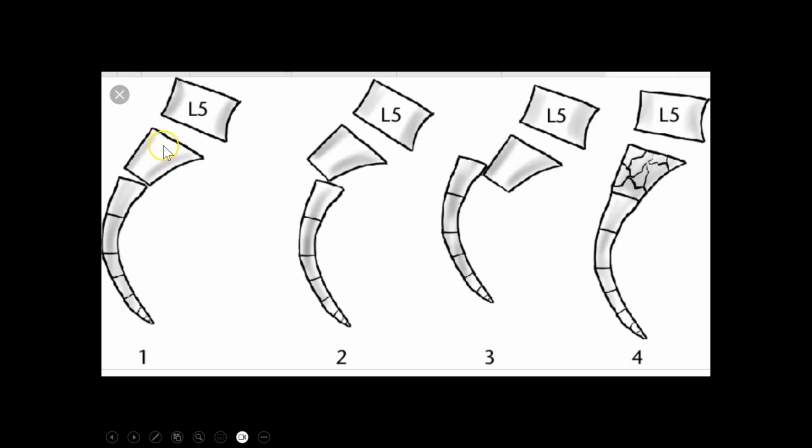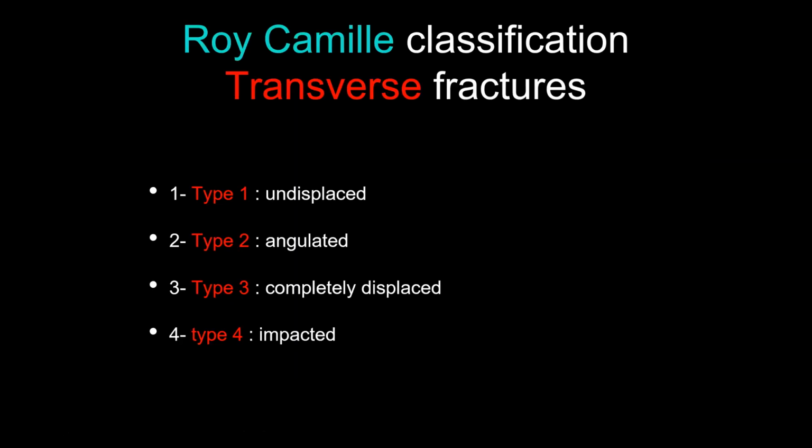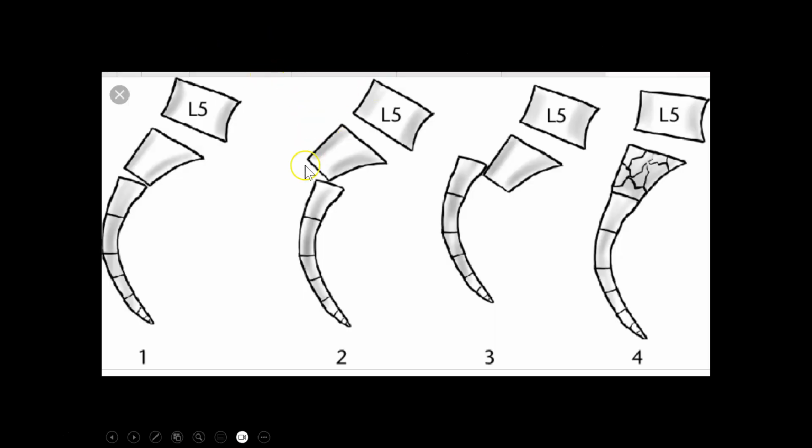So it can be type 1, not displaced. Type 2, partially displaced or angulated. Type 3, completely displaced. And type 4 is an impacted fracture, like a comminuted fracture of the upper sacrum, but in place.